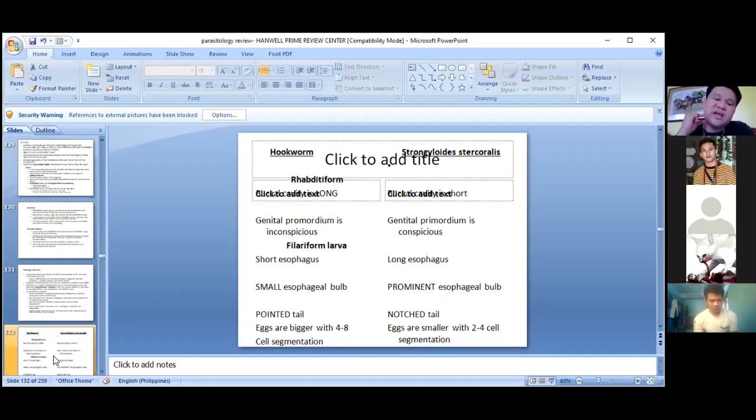Short ang kanyang esophagus with reference, naintindihan, to the diameter of the buccal capsule. Gaano kahaba yung buccal capsule. So ang sagot dyan sa board exam, shorter than broad. Or shorter than long. Okay lang yan.